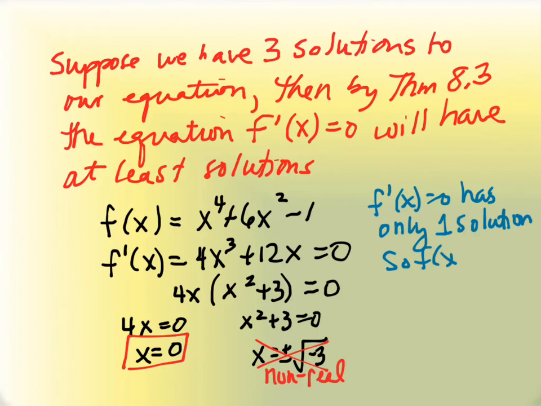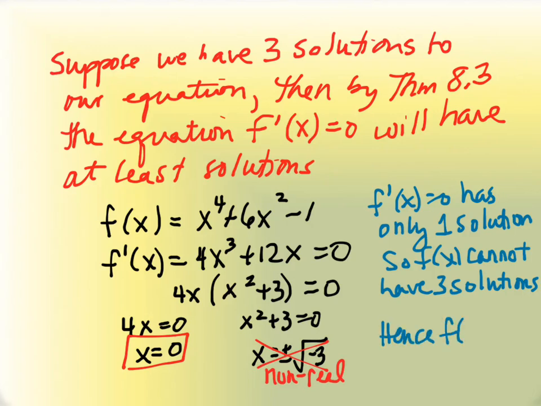So f of x cannot have 3 solutions. Because if it did have 3 solutions, we should have gotten at least 2 solutions when we did the derivative down here. And we didn't. Hence, f of x has 2 solutions.